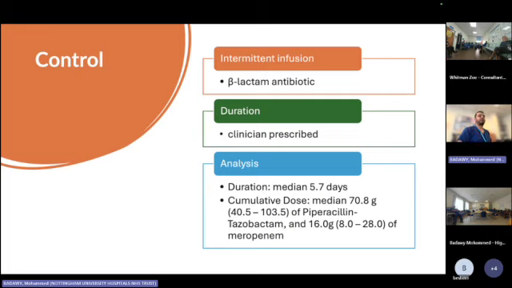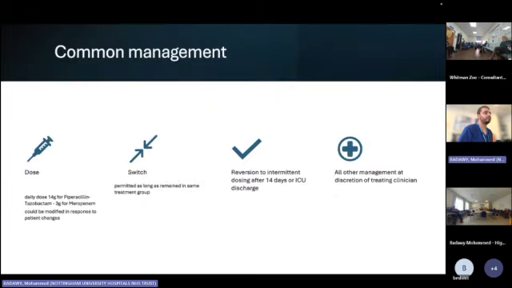And the analysis was quite similar to the other group. So they have almost similar duration, 5.7 days median, and almost similar doses as well. So 70.8 grams for tazocin and 16 grams for meropenem. So there's lots of similarity or comparability between both groups.